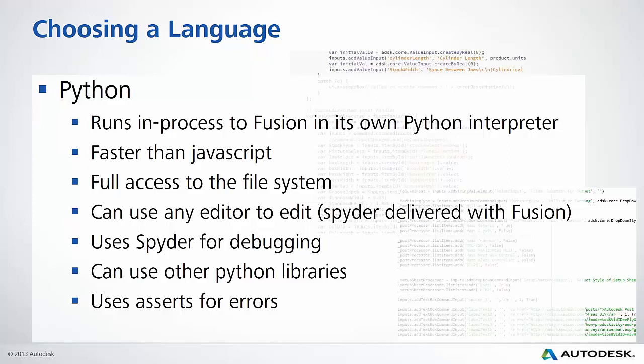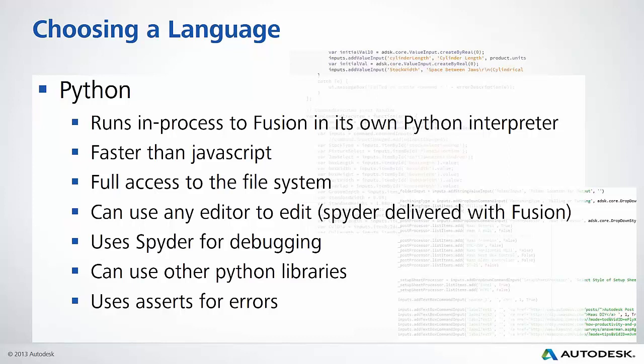So the first one we're going to look at is Python. With Python, it runs in process in Fusion through its own interpreter. From some of the numbers I looked at, it's like 200 times faster than JavaScript. It gives you full access to the file system. There's a standard editor that comes with it, Spider, which we'll look at here in a little bit.